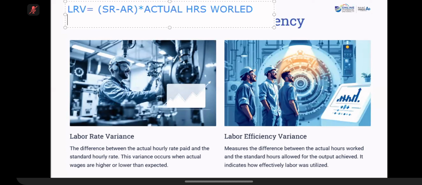The formula that we have for labor efficiency variance is standard hours minus actual hours into standard rate. Okay. So again, I am saying, remember the formula so that the sum solving becomes easier for you.